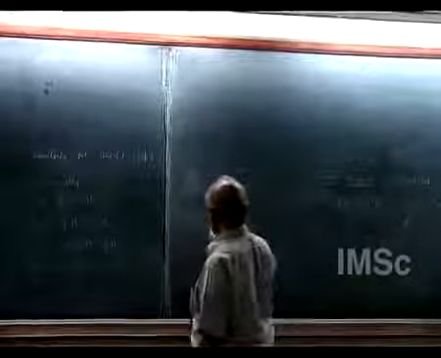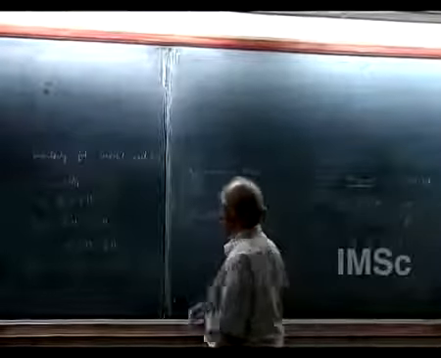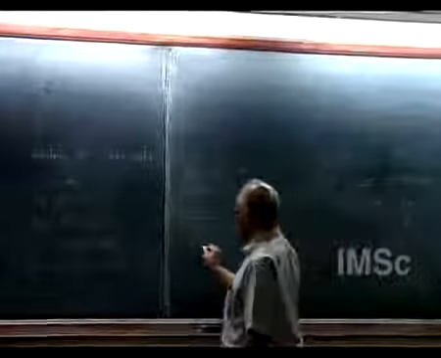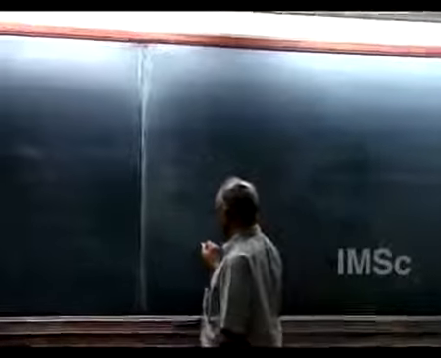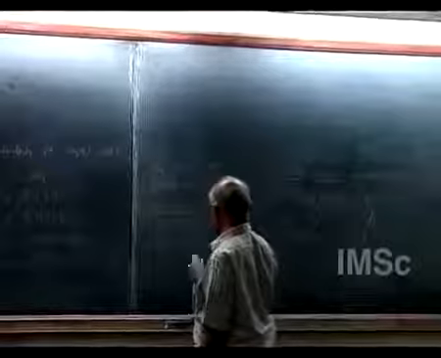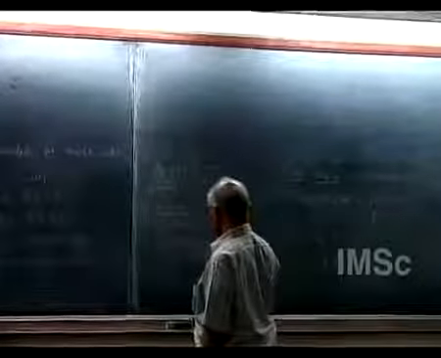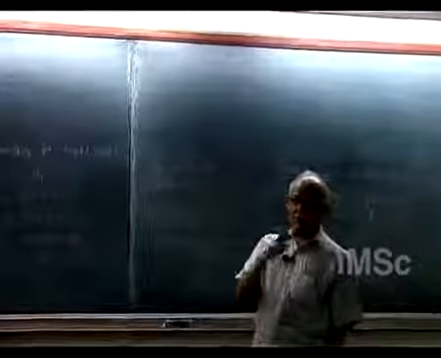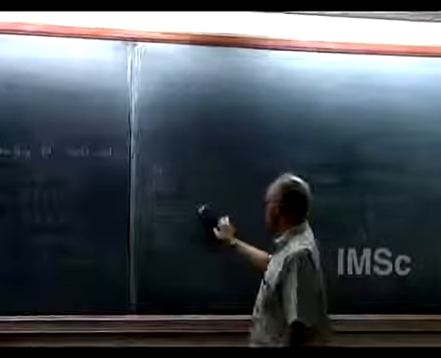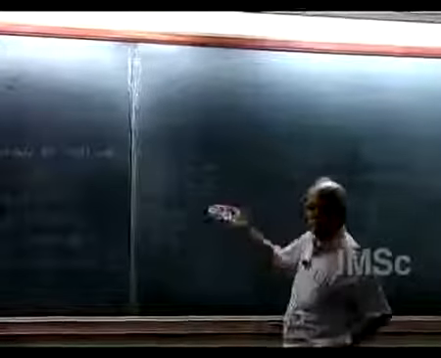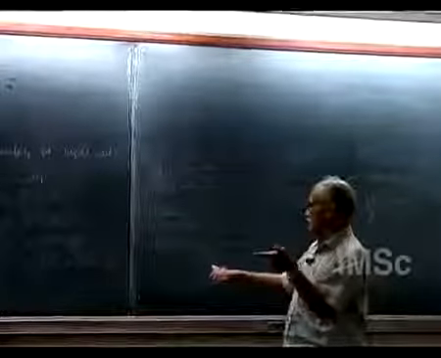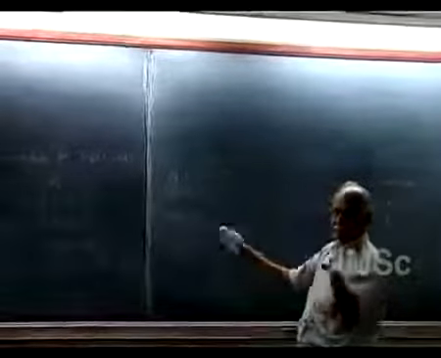Suppose you take G to be SU, say SO3, and I'll take my H to be rotations around the third axis. So I have this partitioning. I have rotations around the third axis, then I multiply it by some other rotation, get something else, and so on.